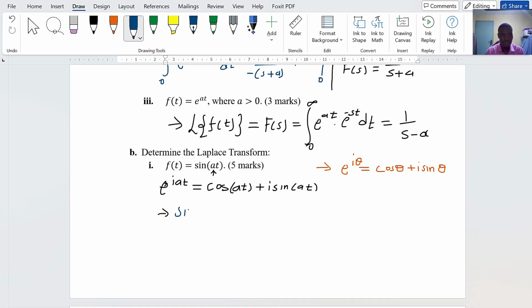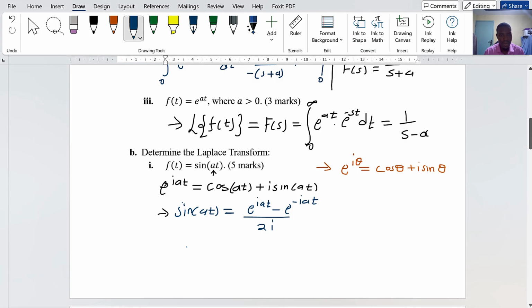Now sin at in exponential form is (e^(iat) minus e^(-iat)) divided by 2i. That's the definition of sin at in exponential form.